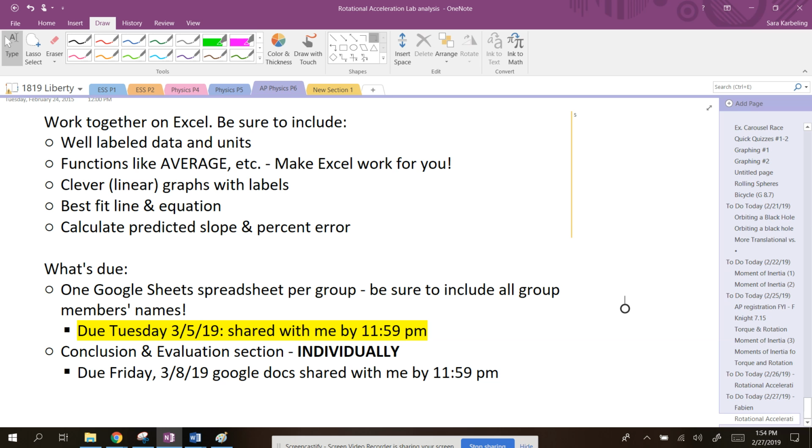You will need to do, please stop talking. You will need to do a conclusion evaluation section individually, and that's all still up on Canvas, but I'll remind you about what that looks like, right? So that's like, how did you do? Tell me what you found. What could you have done better? That kind of stuff. So keep that in the back of your mind as you're doing your lab so that you are making notes like these are things that we could improve.